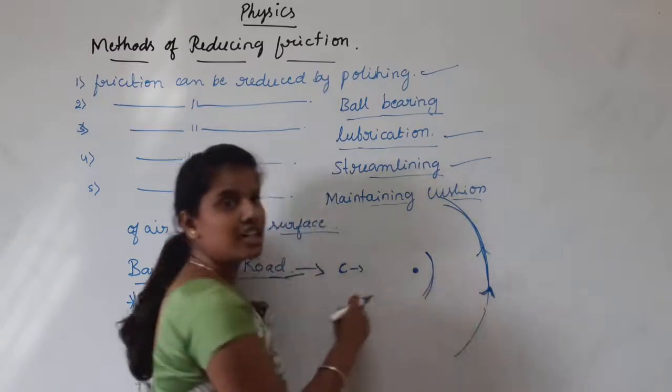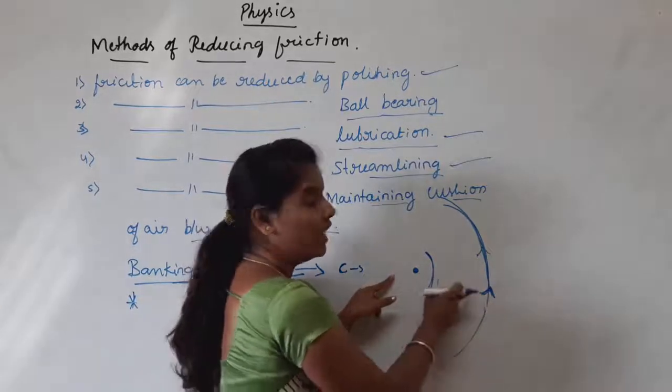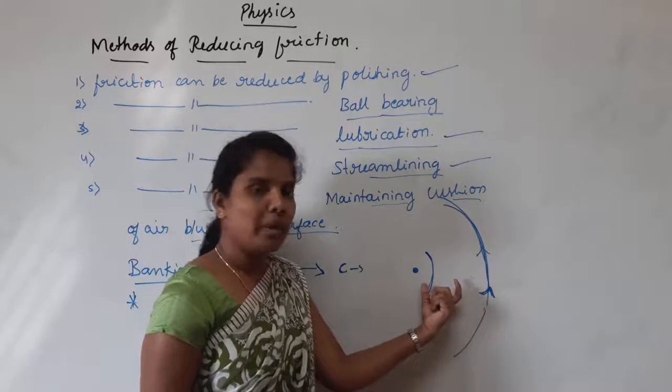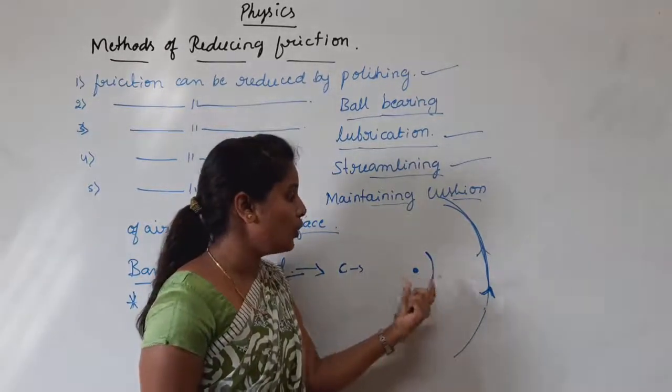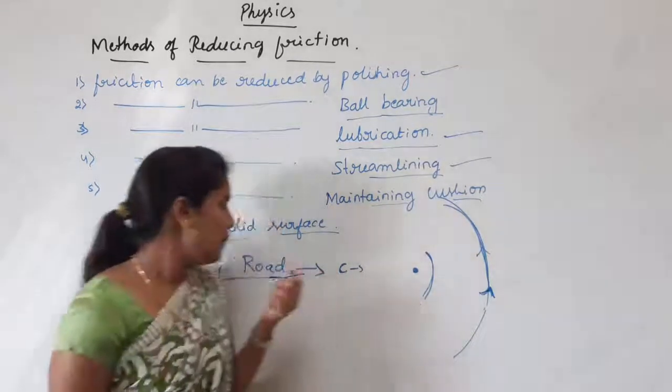The force of attraction acting towards the center, in the inward direction, is called the centripetal force. The necessary centripetal force is provided to the vehicle, which is called banking of road.